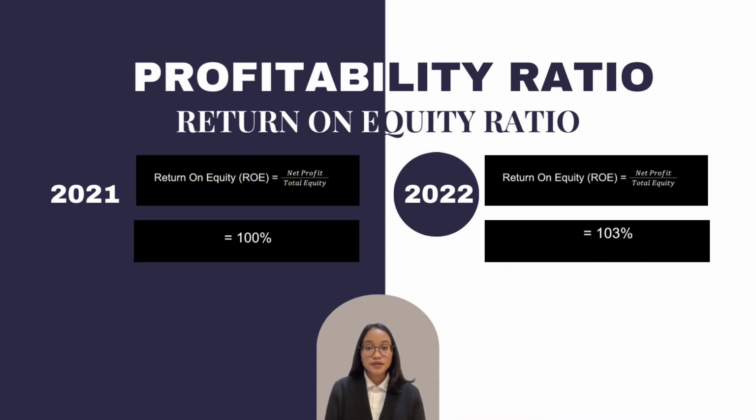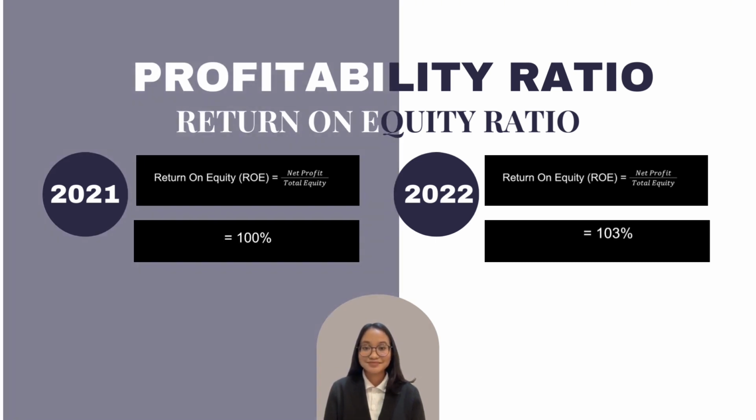Based on the data above, the ROE of Nestle in 2021 is 100%, while it increased to 103% in 2022, an increase of 3% from 2021. The ideal amount of ROE is 15 to 20%. However, Nestle has achieved more than the ideal amount of ROE, which we can conclude that Nestle has an excellent ROE for both years.